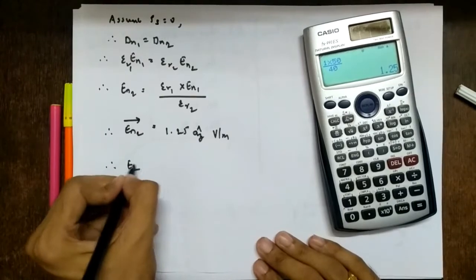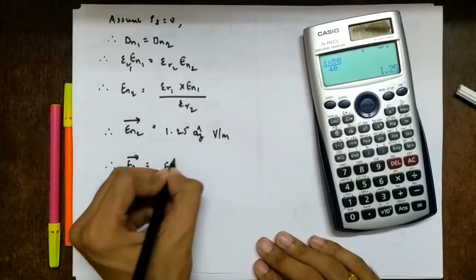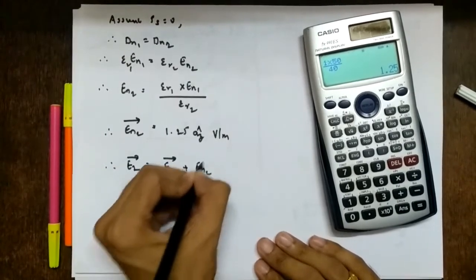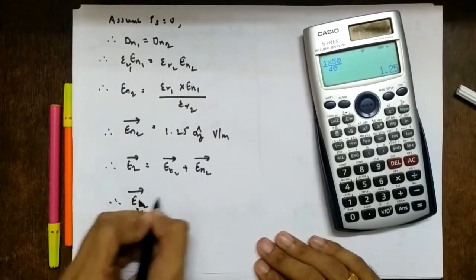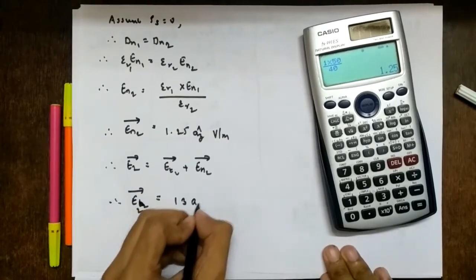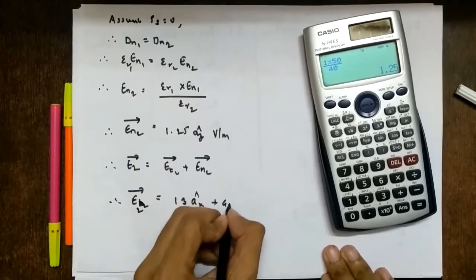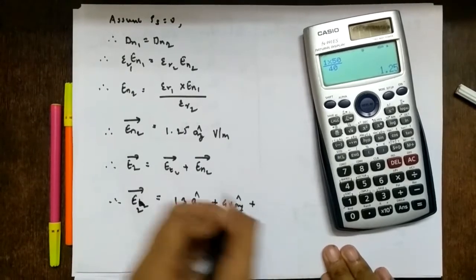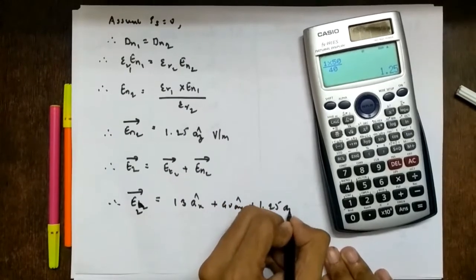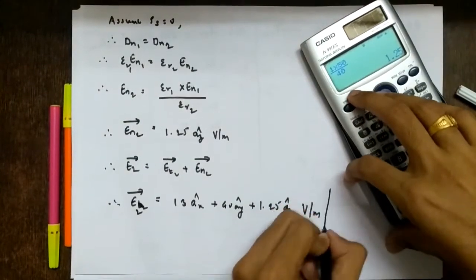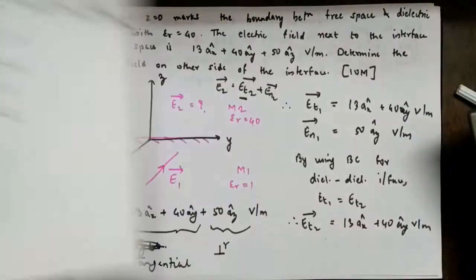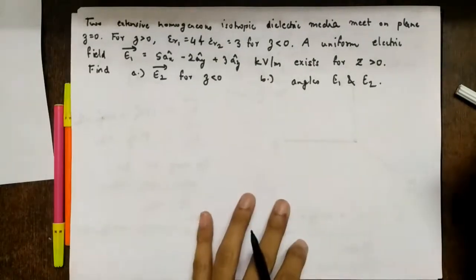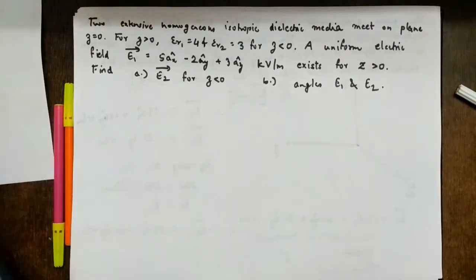Therefore E2 vector equal to Et2 vector plus En2 vector, which is 13 Ax cap plus 40 Ay cap plus 1.25 Az cap volts per meter. So this is our required answer. Isn't it a very simple example for 10 marks? So let's proceed to the next sum.